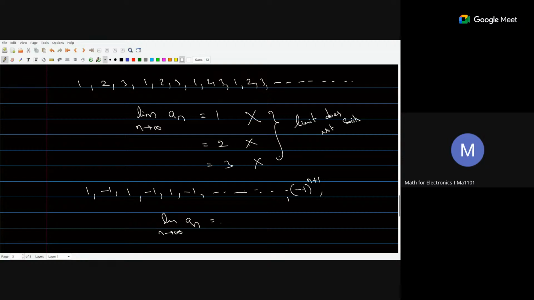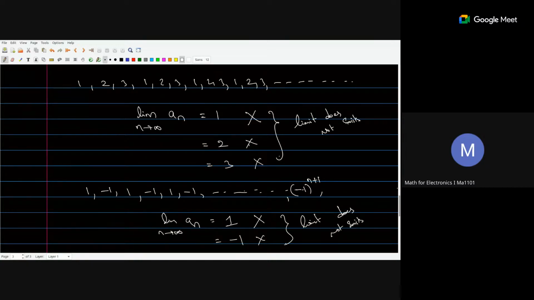But what will I say? Will it go to +1? Is it correct to say this? No. Or can I say it is equal to -1, a unique value? This is also not correct. So if it is happening like this, we simply say the limit does not exist.